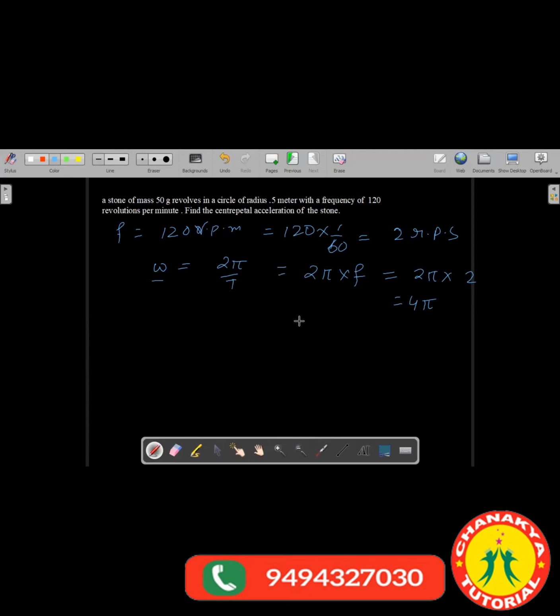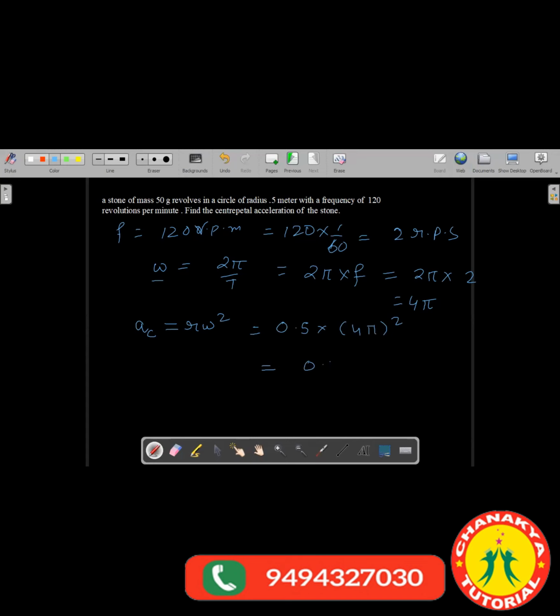Yes, sir. Okay. Now, can you find out the centripetal acceleration? Use the formula of centripetal acceleration. Centripetal acceleration is given as r omega squared. The value of r is 0.5 multiplied by omega, which is 4 pi, squared.